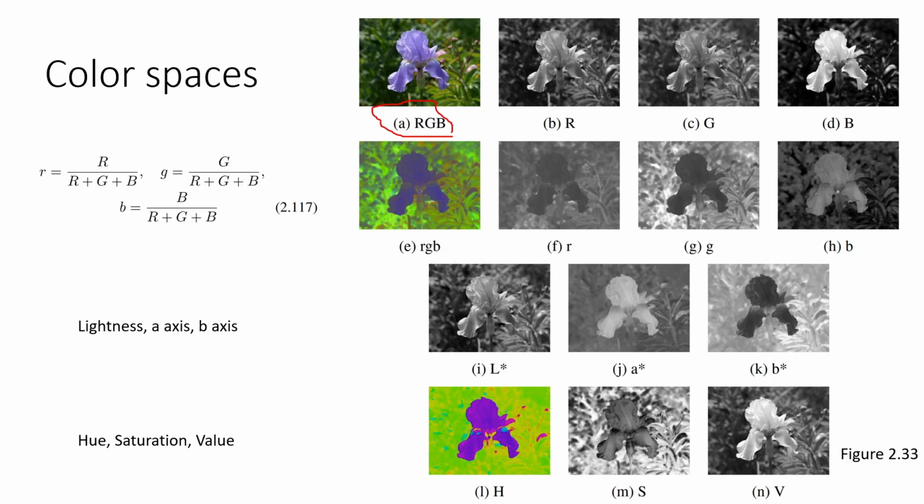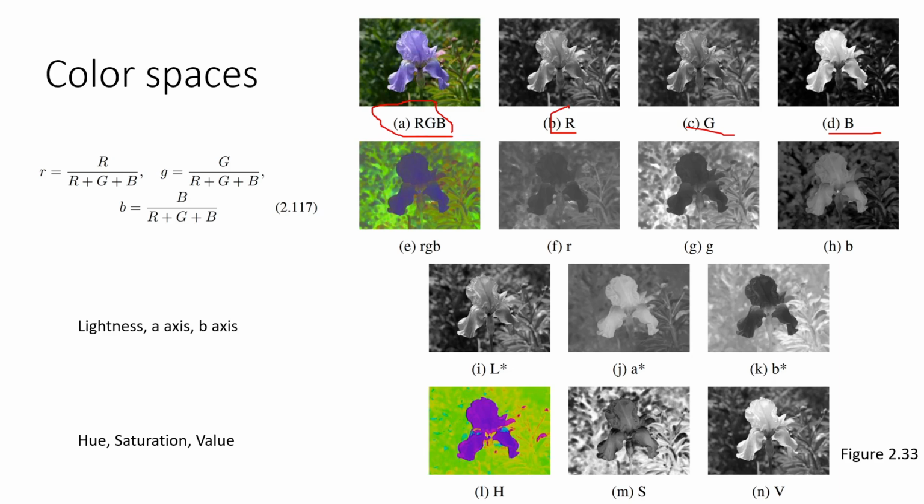And if we separate its 3 components, we will get the R channel, G channel, and the B channel. For this flower, because the color is purple, you see many bright values in the blue channel.